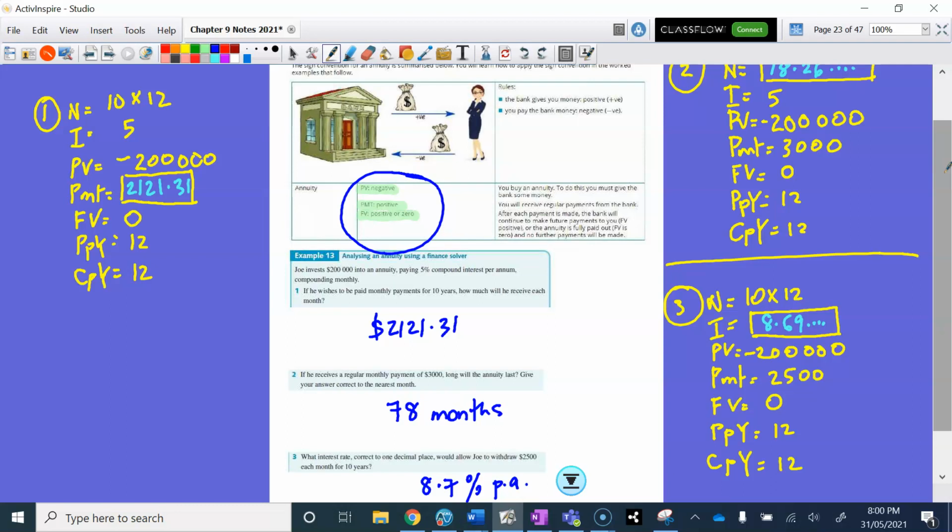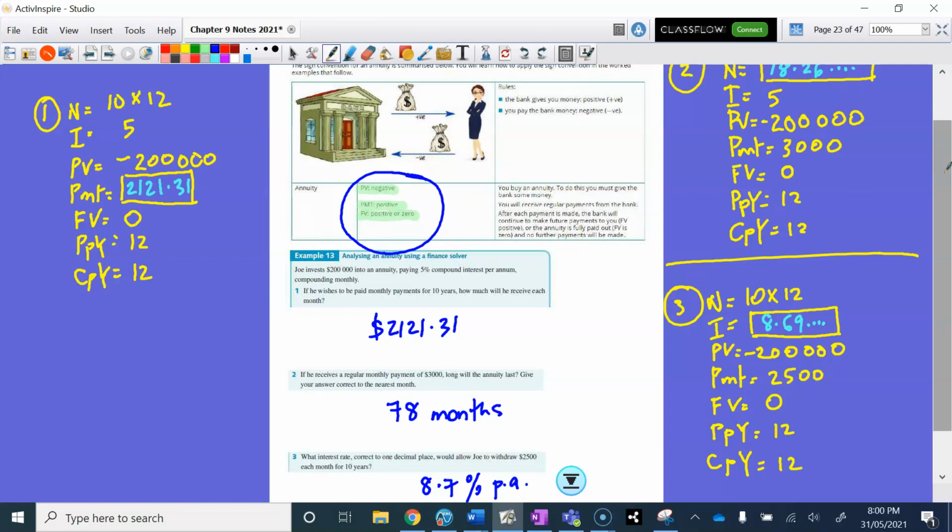The idea is for Joe to use all the money and end up with the future value being 0. When you put that into your calculator, hopefully you will see that his monthly payment for the next 10 years would be $2,121.31.